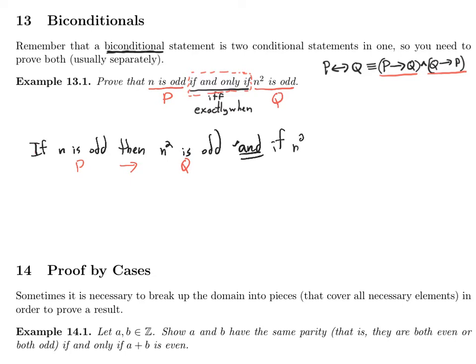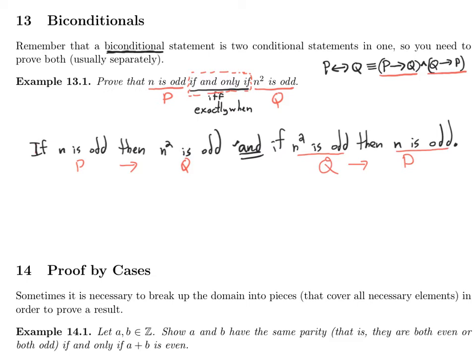If n squared is odd, then n is odd. So, this is Q implies P. There's our Q. There's our P.